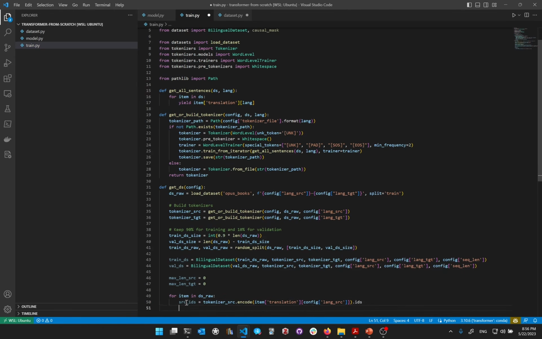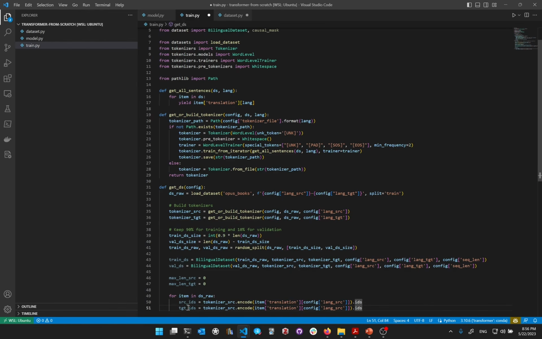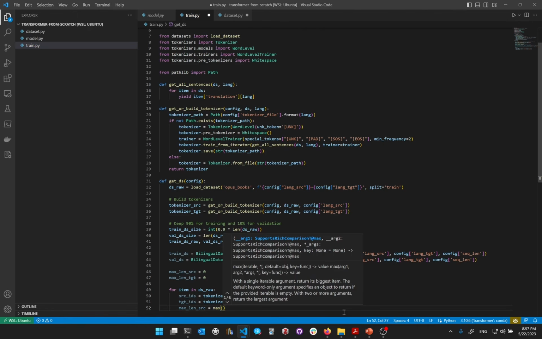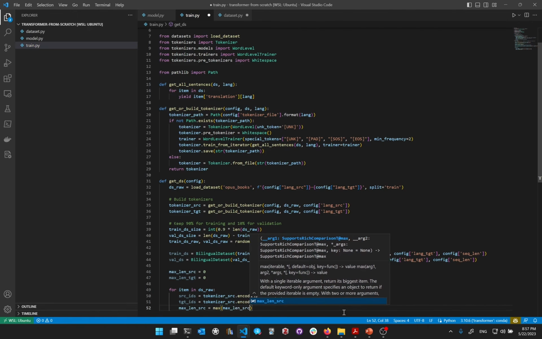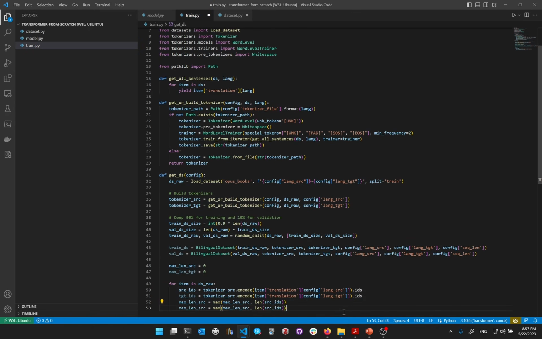This is the source IDs. Then let's also create the target IDs, and this is the language of the target. And then we just say the source maximum length is the maximum of the current value and the length of the current sentence.